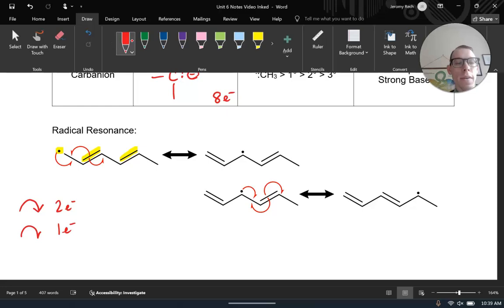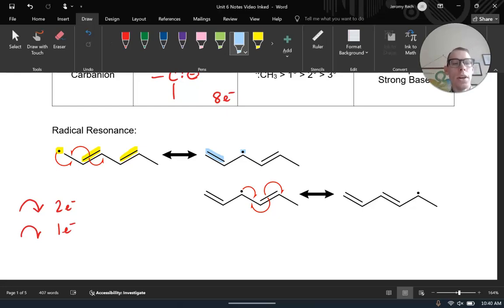We get 1 electron from the radical and 1 electron from the double bond. That's going to give us 2 electrons, and those 2 electrons we're going to see here as a double bond in the product, as I've just drawn here, highlighted in blue. Now that last electron, which still remains in the double bond, is going to go to the opposite side and become a radical up on the top there.